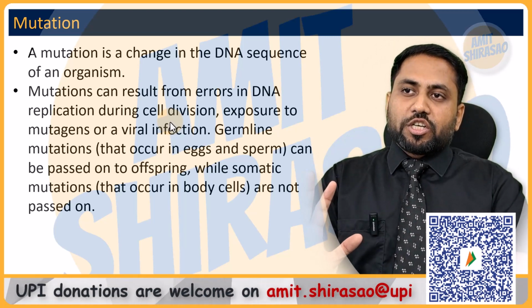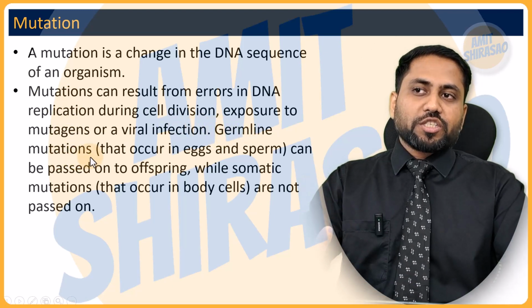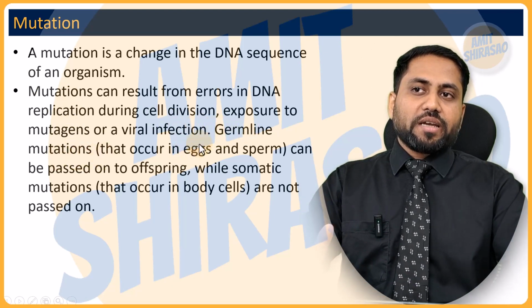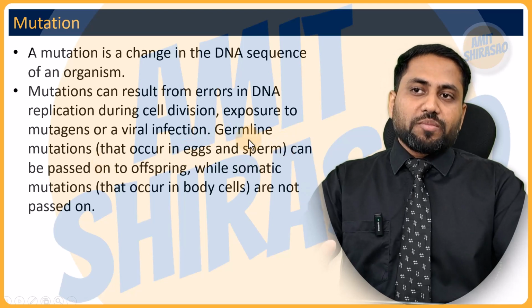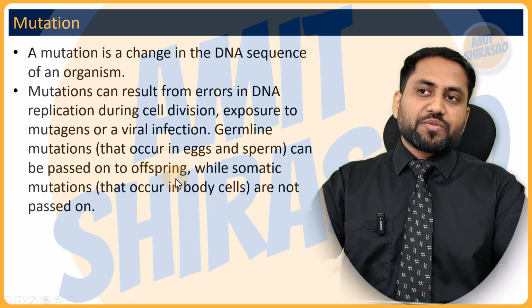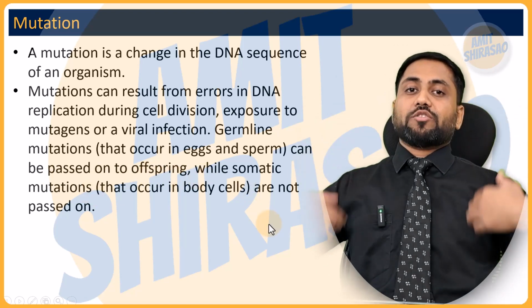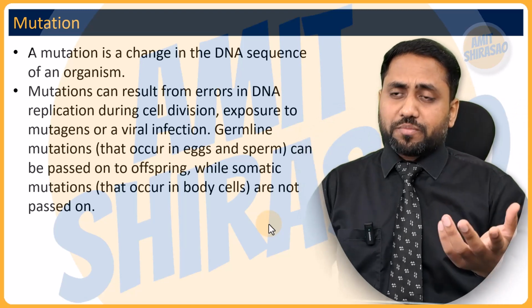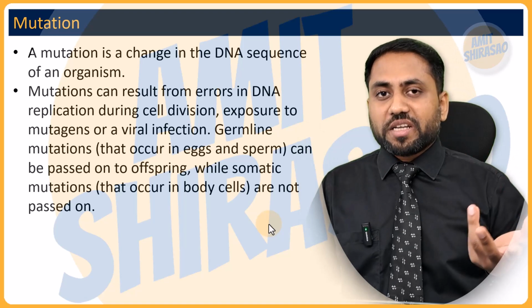Now, germline mutation. Germline mutation means mutations that occur in eggs and sperm. They are called germline mutations. Germline mutations can be passed on to the offspring, while somatic mutations are those which happen in a fully grown organism. So in me, if a mutation happens, then it is a somatic mutation.